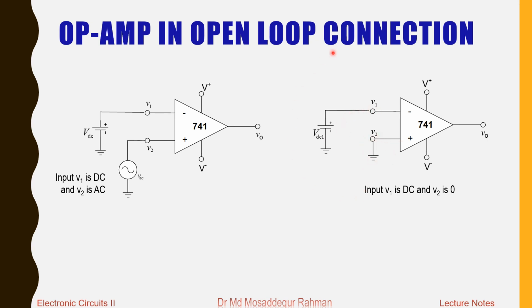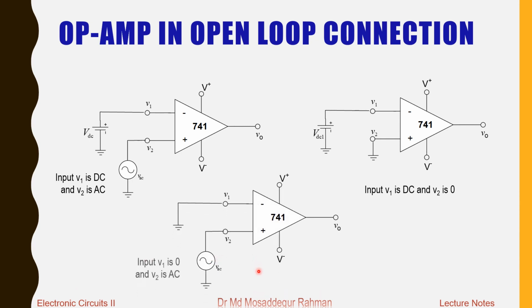So we can also have something like this, where we apply input to one of the terminals while the other one is grounded. This one shows that we have applied an AC signal to our non-inverting input terminal, and the inverting input terminal is grounded. So we can have different combinations in open loop connection. These are some examples of how the input voltages can be applied in open loop connection.